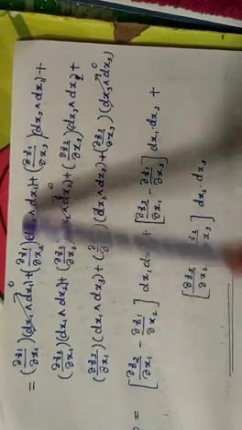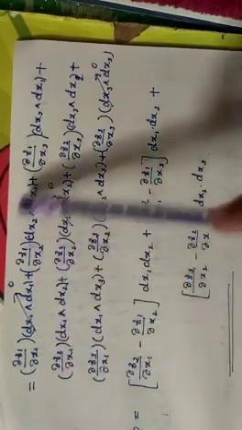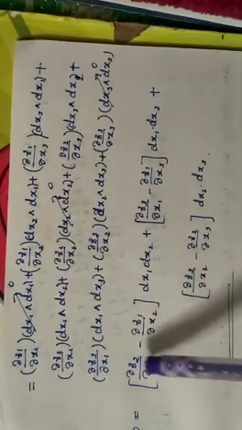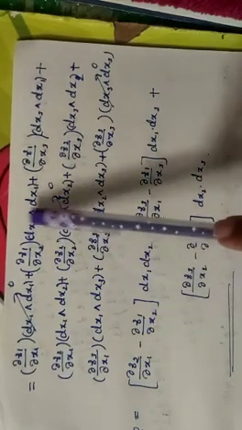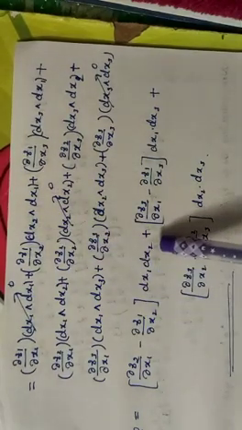So here these two are common, we take this outside, then the remaining is del f2 by del x1 minus del f1 by del x2 into dx1 wedge dx2.